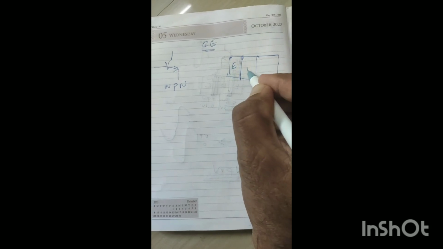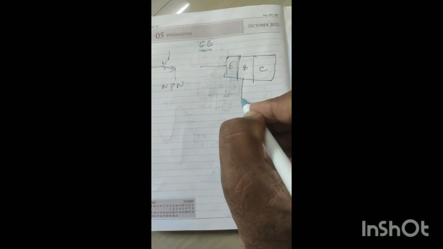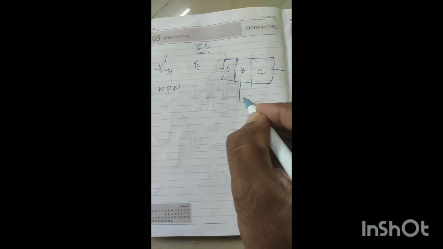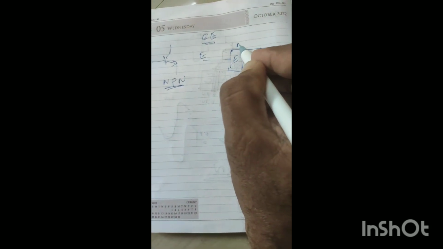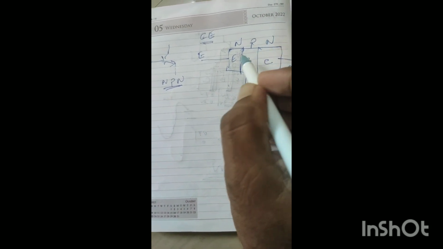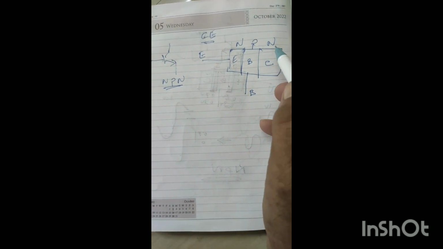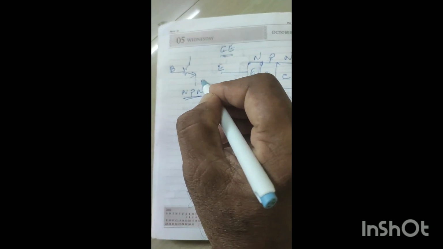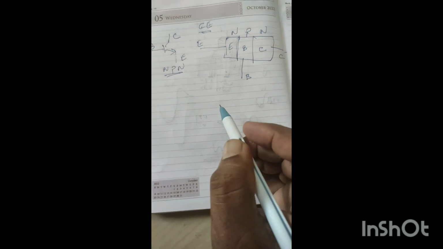This is the emitter terminal, this is the base terminal, this is the collector terminal. This one is NPN. The emitter layer is N, the base layer is P, the collector layer is N.